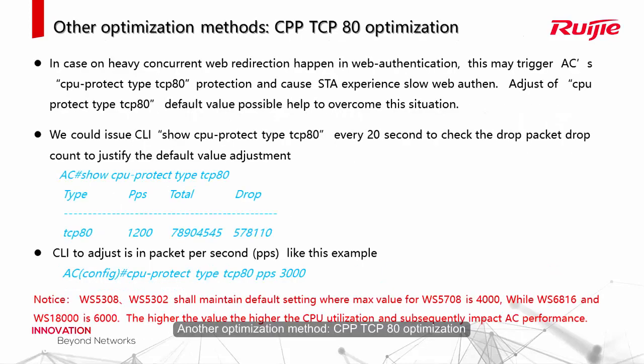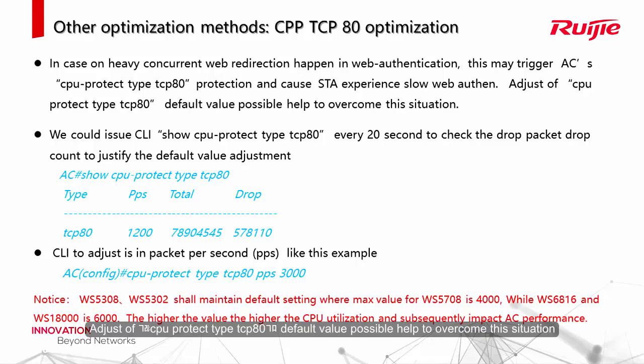Another optimization method: CPCAR TCP-AT-zero optimization. In case heavy concurrent web redirection happens in web authentication, this may trigger the AC's CPU protect type TCP-AT-zero protection and cause the STA to experience slow web authentication.